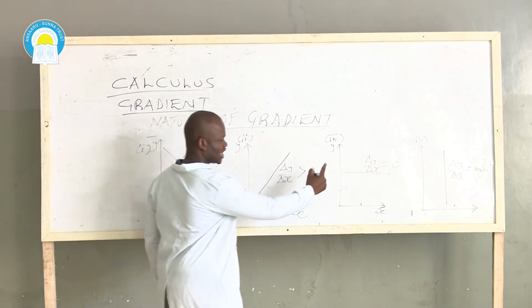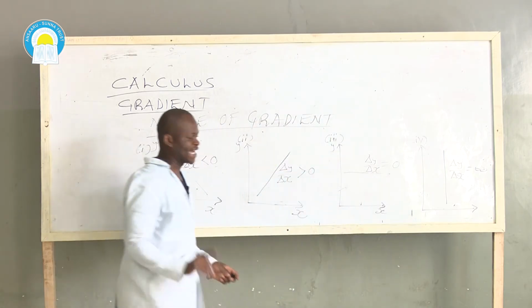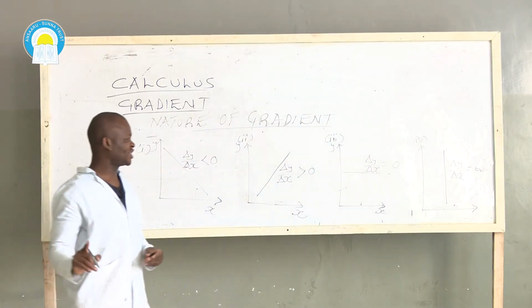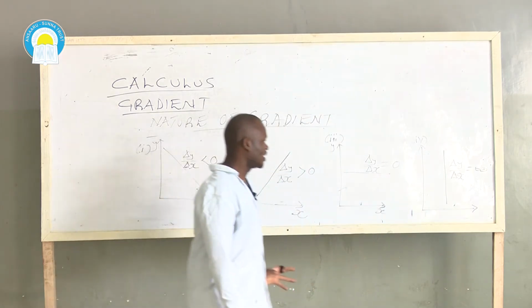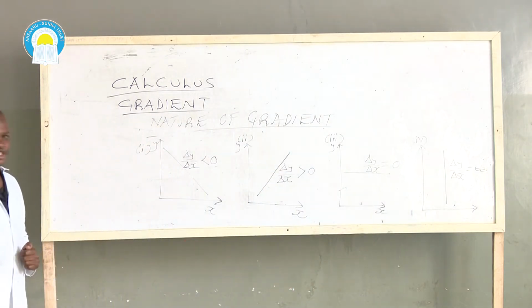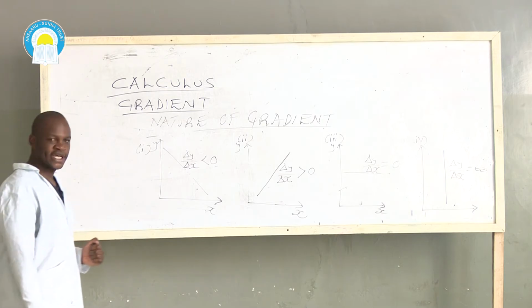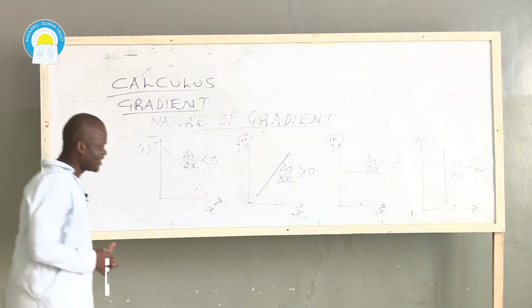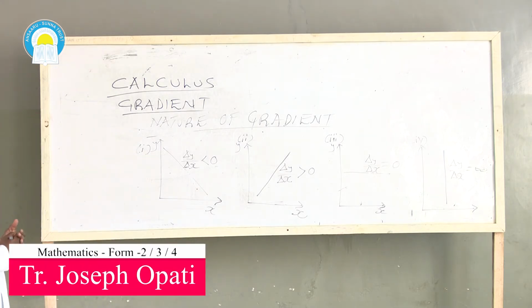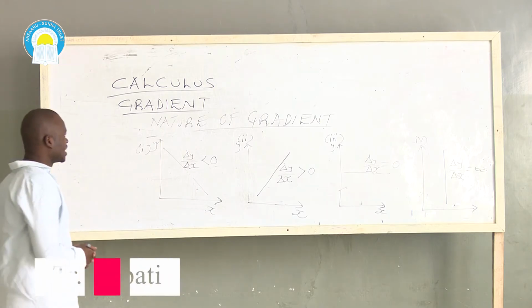A horizontal line will have a gradient which is equal to 0. Then a line which is vertical will have a gradient which is what? Infinite or undefined.